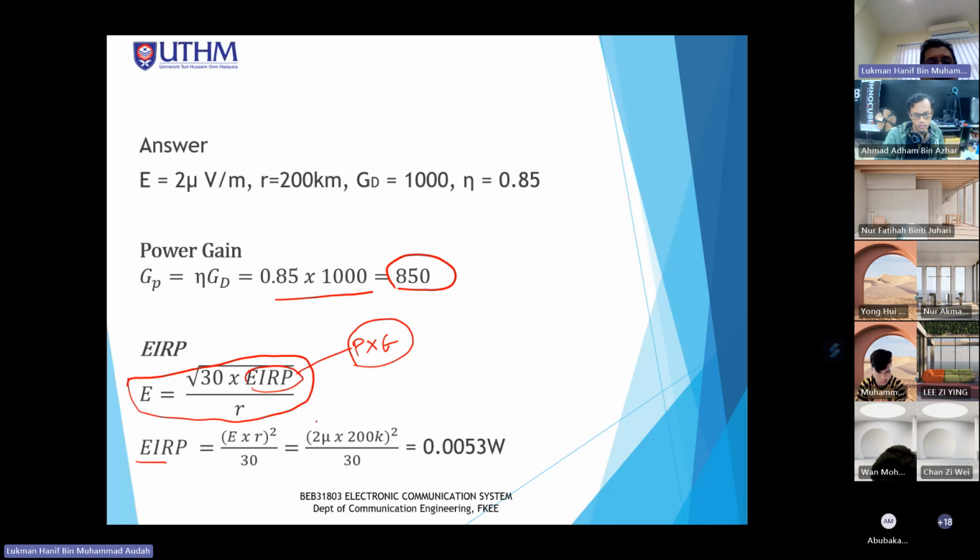So 2 microvolt per meter of electric field times 200,000 meters. Remember, class, don't use kilometer, use meter. So you have to use 200,000 and then divide by 30. You are going to get 0.0053 watt.